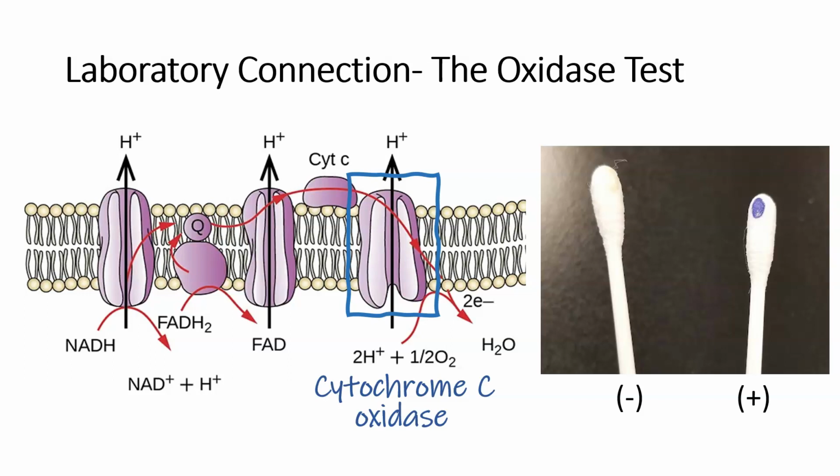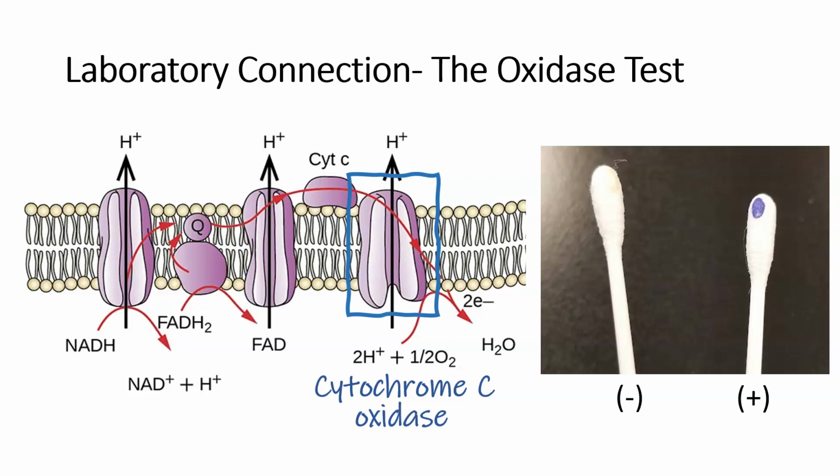Now we can use this information, knowing that some organisms have this enzyme but others don't, as a way to characterize microorganisms in the laboratory, to differentiate between different species of bacteria. And there is a relatively easy assay called the oxidase test to identify organisms that have the enzyme. So there is a chemical that we can add to cells that will turn dark blue or purple in the presence of the enzyme.